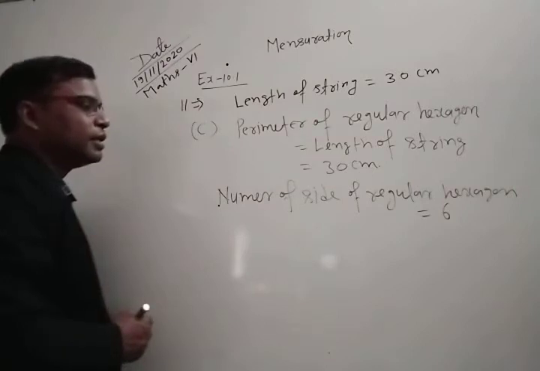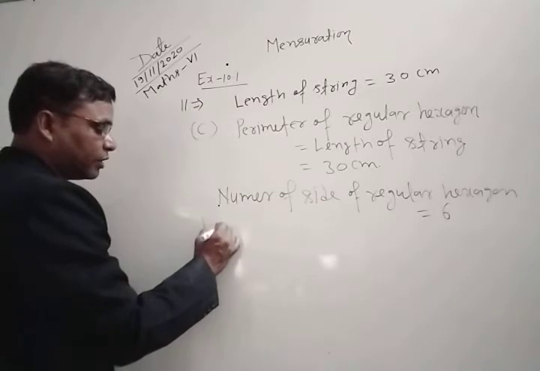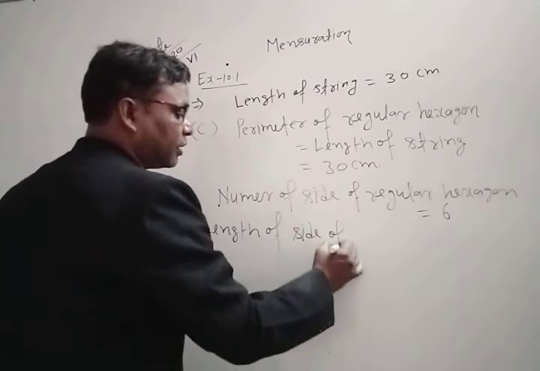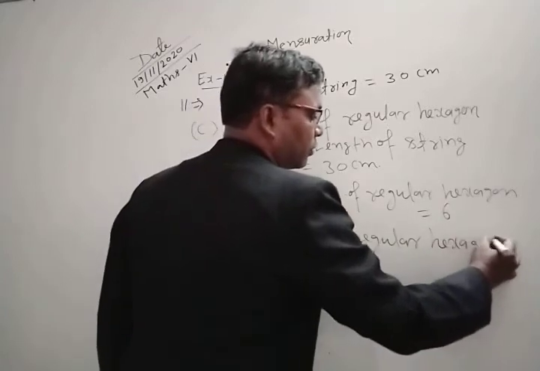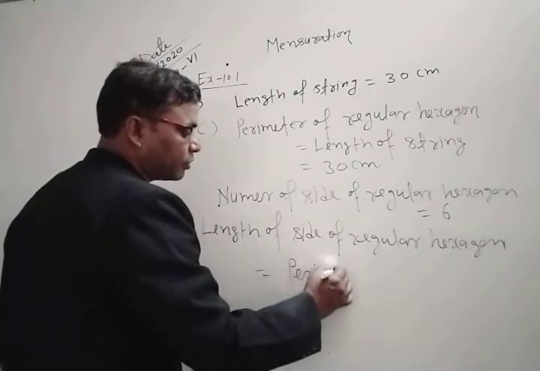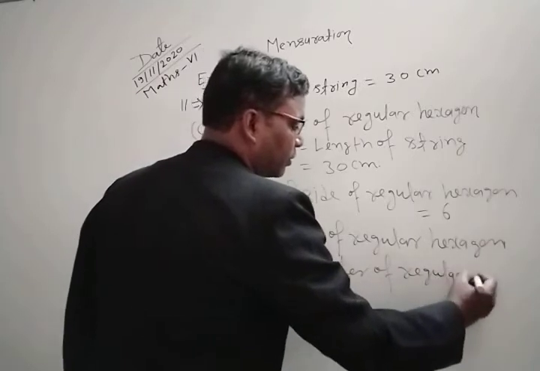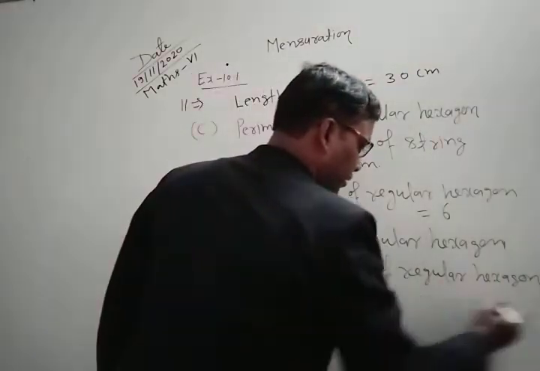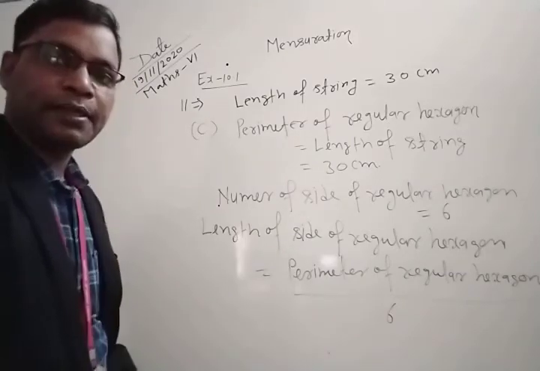So we need to find the length of the side of the regular hexagon, which is equal to the perimeter of the regular hexagon divided by 6.